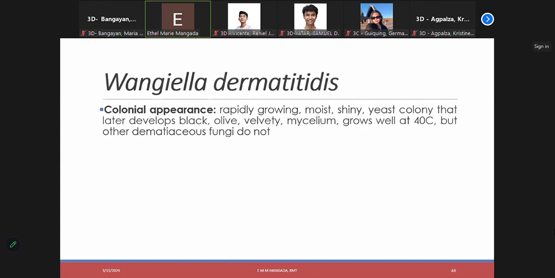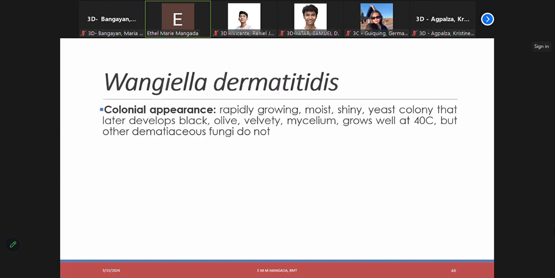And then another is your Wangiella dermatitidis, another agent of phaeohyphomycosis. So ganun din guys, dark olive color kasi dematiaceous siya. Okay? Unlike kanina yung sa jeanselmei ninyo, your Wangiella dermatitidis grows at 40 degrees Celsius. While your Exophiala jeanselmei, it only grows at 37 degrees Celsius.